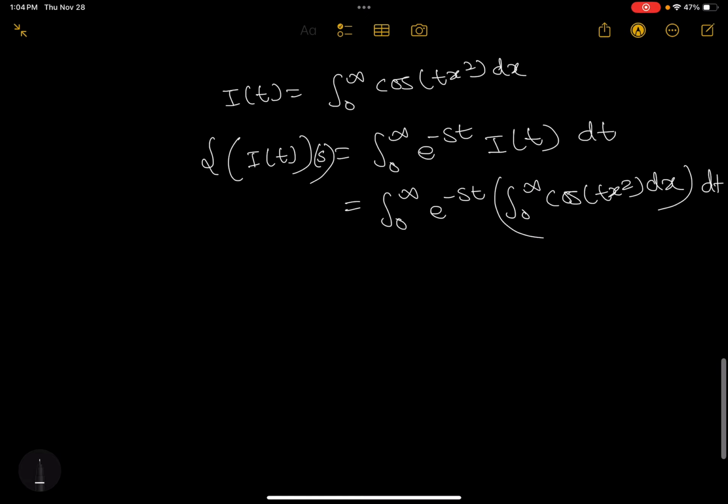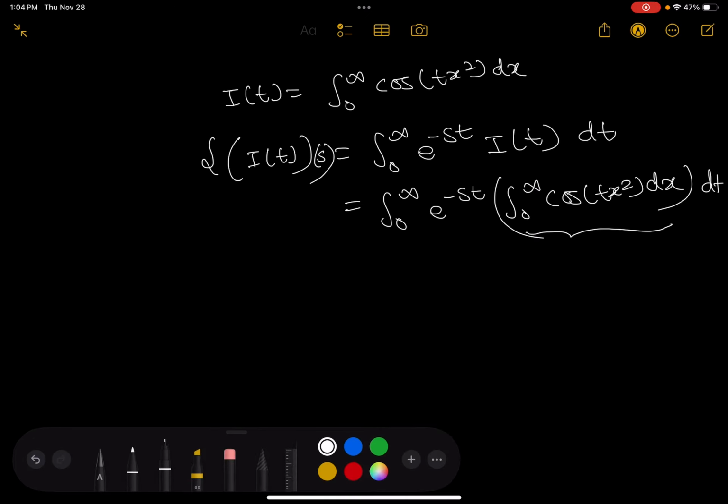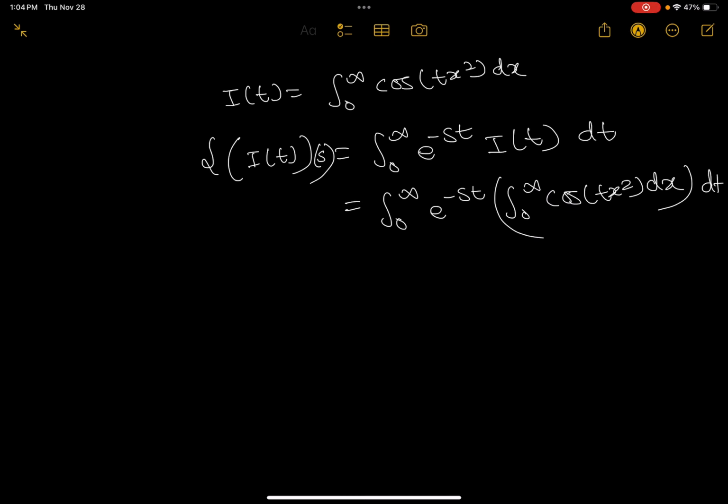Now notice that this inside integral is in the world of x, so I can take the e to the power minus st inside that integral, since it's just a constant for that integral. That gives the integral from 0 to infinity, 0 to infinity, of e to the power minus st cos of tx squared dx dt.